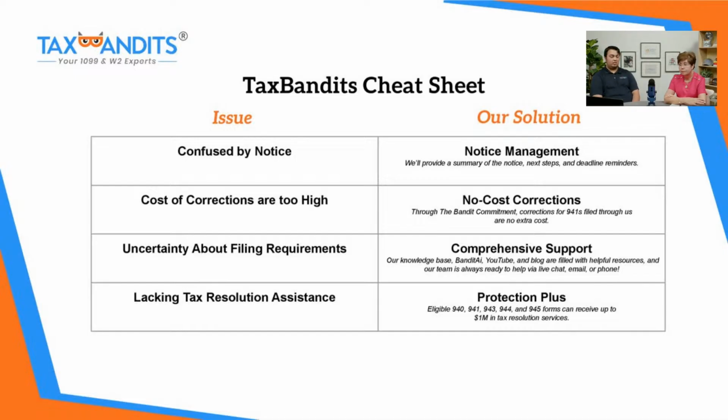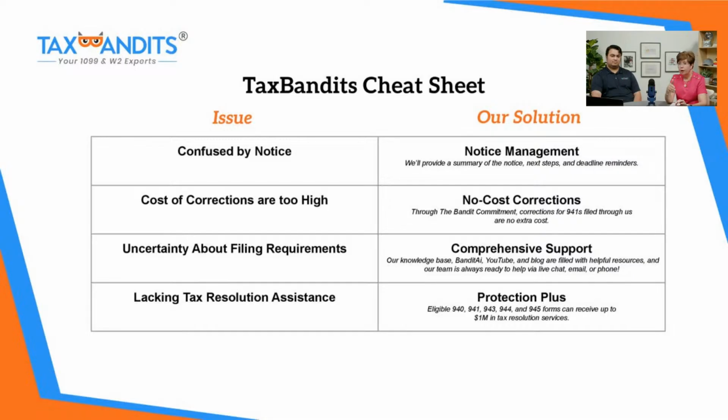And with the notice management section, if you do receive a notice and you're a little confused as to why you received it, and maybe it doesn't have to be a 941 notice, it could be a W-2 or a 1099. Each IRS letter has a number on it. Like we mentioned the CP 259 earlier, each notice has its own identifying number.